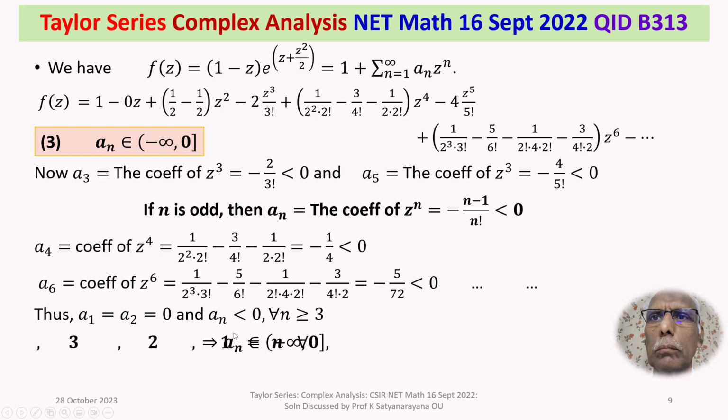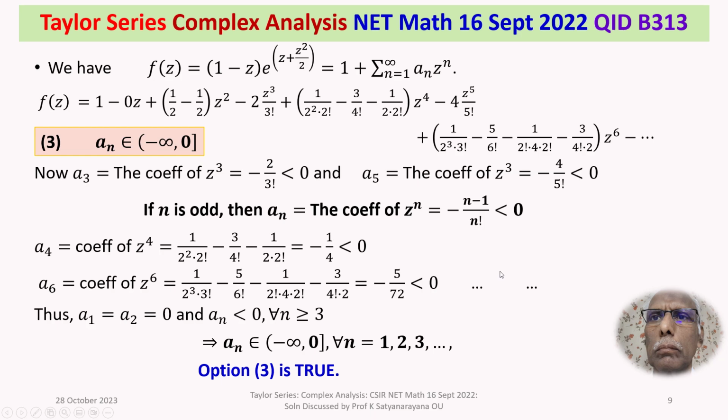So this will imply AN will belong to minus infinity to 0, that is the semi-open interval closed at 0, for all n equal to 1, 2, 3, and so on. 0 is included because A1 is equal to A2 is equal to 0. The remaining ANs are negative.